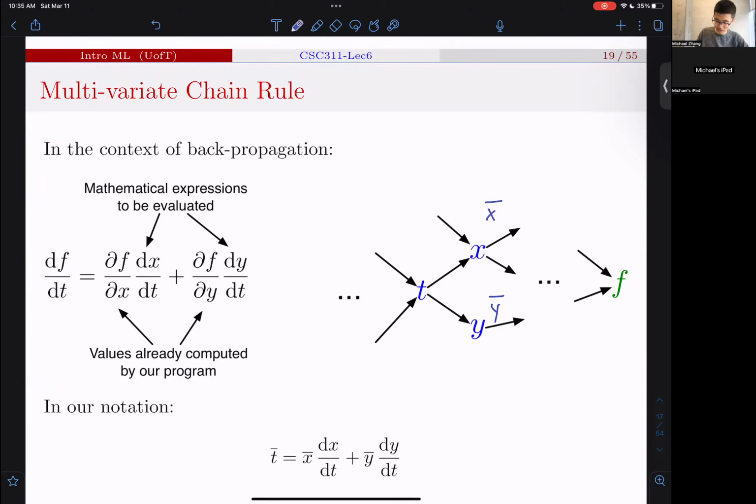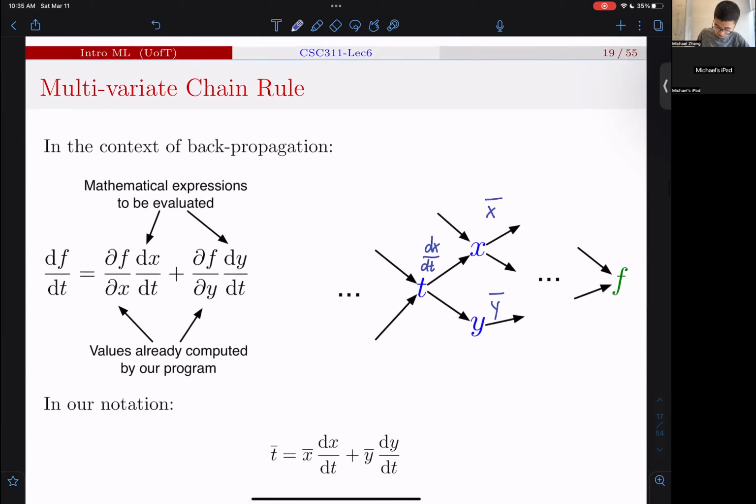Like we define this potentially rich expression of computations. So when we want to find the derivative with respect to t, we actually only need to compute two more variables. So we want to compute dx dt, so how a small change in t affects x, and also dy dt. So these two terms represent the work that needs to be done.